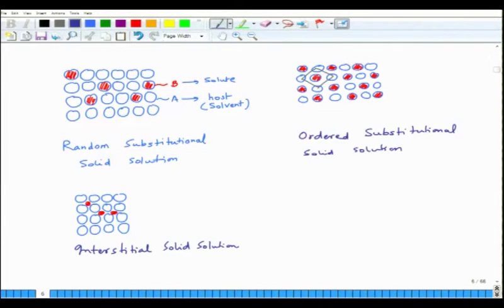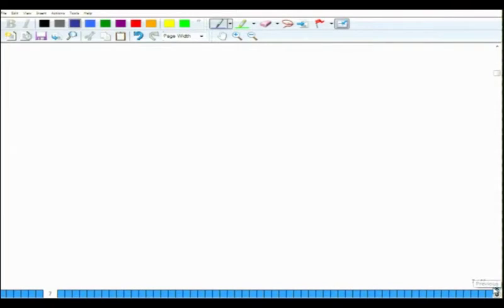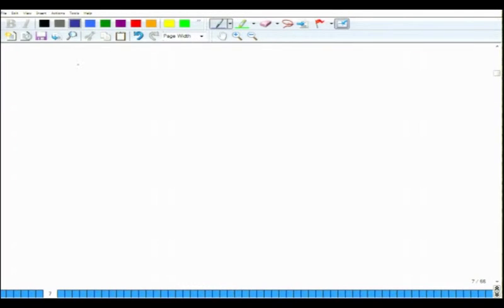In metallic solids, interstitial solid solutions are typically random in nature, so interstitial sites are randomly occupied. But we do have intermetallics, ordered solid solutions in which you will have ordering of impurities even at interstitial sites, though it is more common in compounds where covalent or ionic character is stronger.